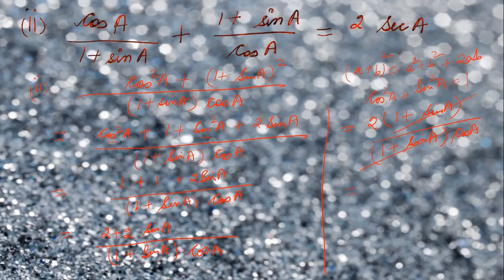So what is left? 2 upon cos A, or you can say 1 upon cos A is secant. So it is 2 secant A, and this is your right hand side.